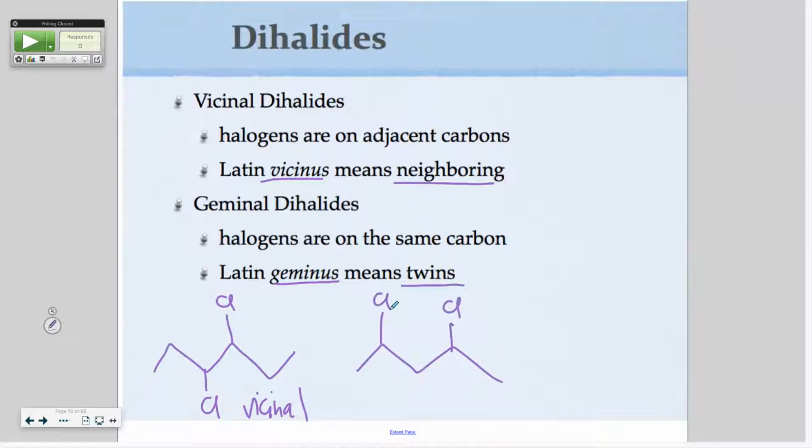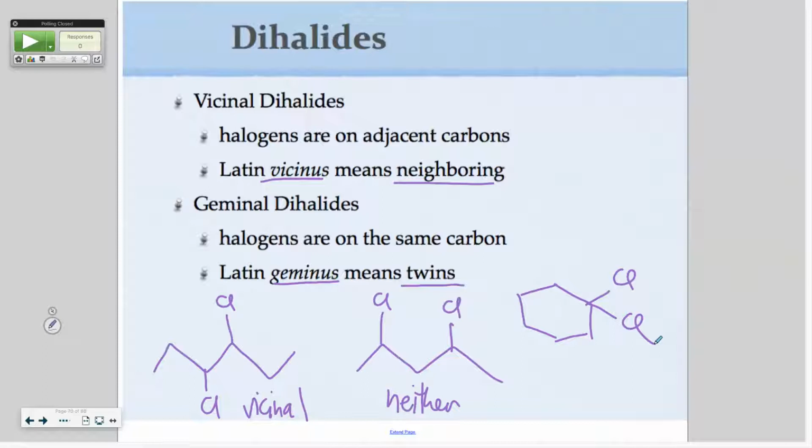Is it vicinal or geminal? Geminal means they're on the same carbon. What if you're this one? That's geminal.